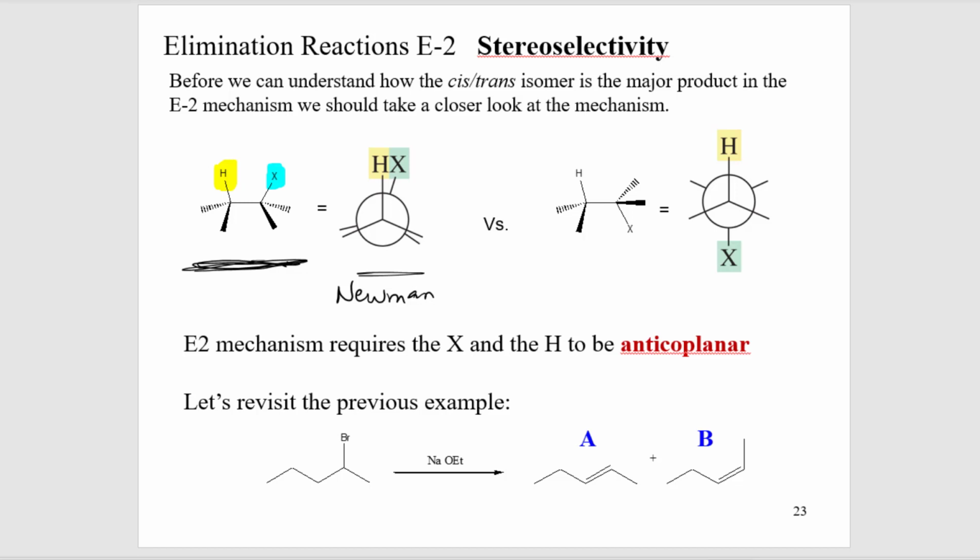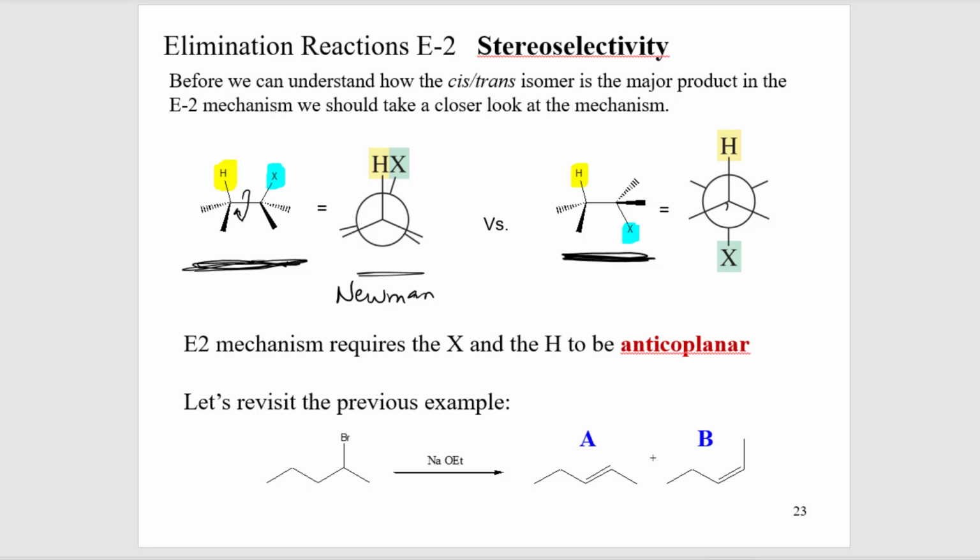What we need to do is rotate around the single bond, and it doesn't matter which way you do it. You'll notice that this is what you get. The hydrogen and the leaving group are now, because of rotation, anti to one another. And when I look at that in my Newman projection, I can see this, right?